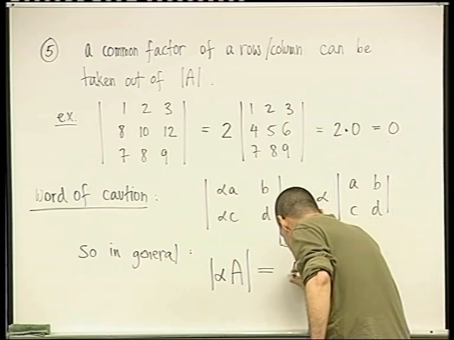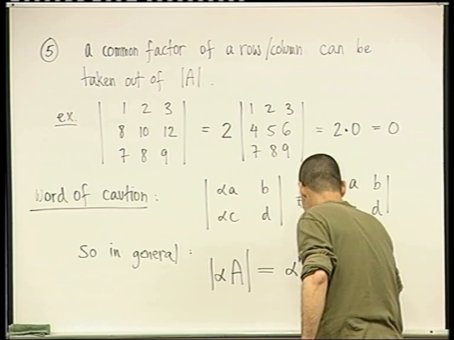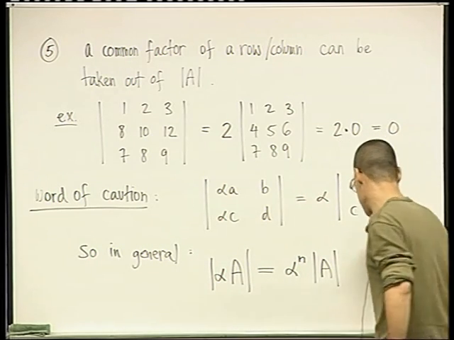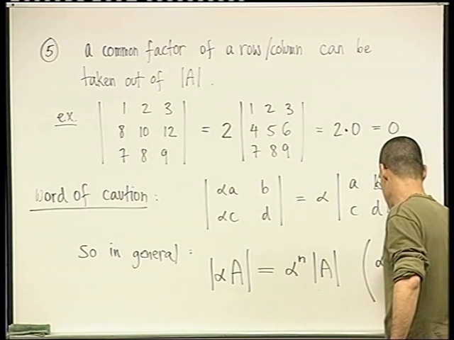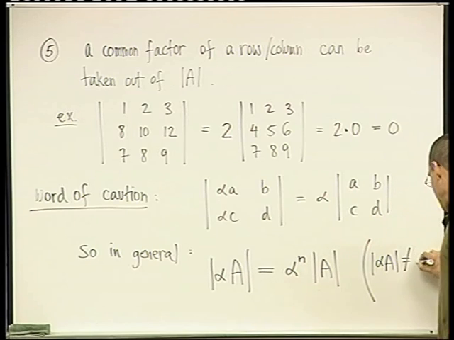So this is the same as alpha to the power n times the determinant of A. And the determinant of alpha A is not the same as alpha times the determinant of A. That's the point.